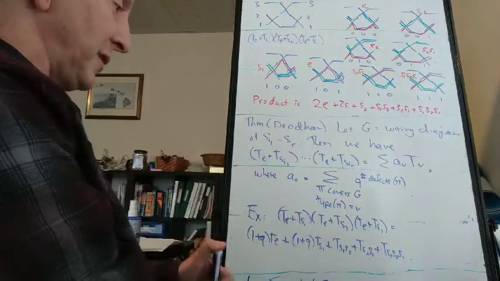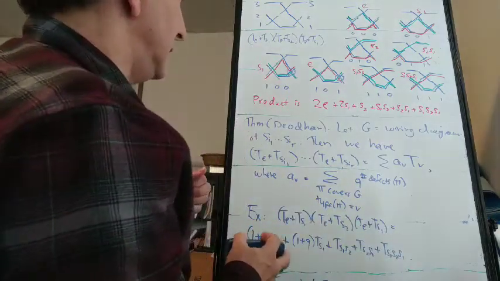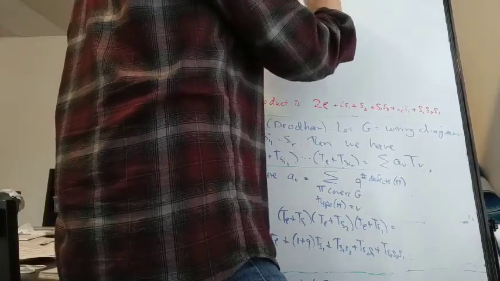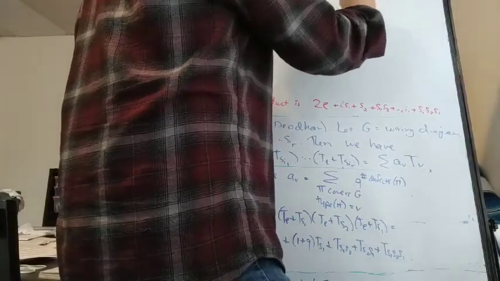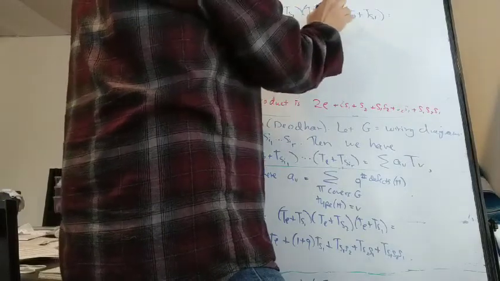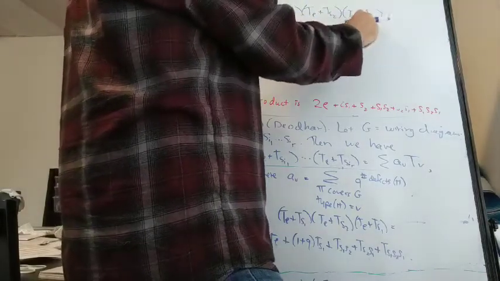All right, now let's do the multiplication for real and see that this is actually the correct answer. I guess I will erase my pictures. So (TE plus TS1) times (TE plus TS2) times (TE plus TS1) equals TE times TE times TE, which is TE, plus, let's look at all the times where we take one basis element that's not the identity.